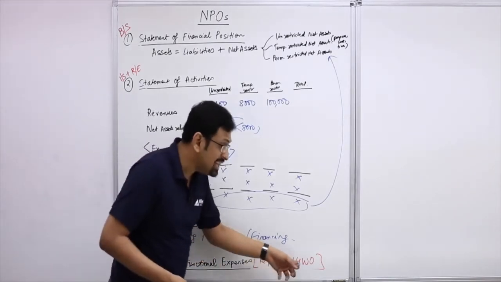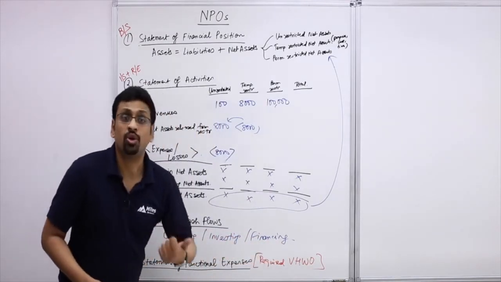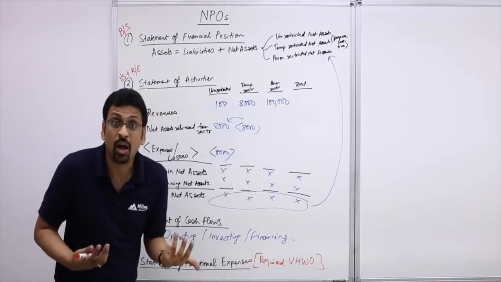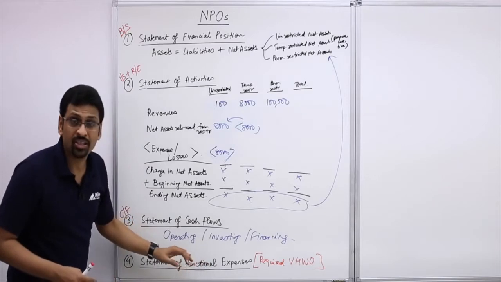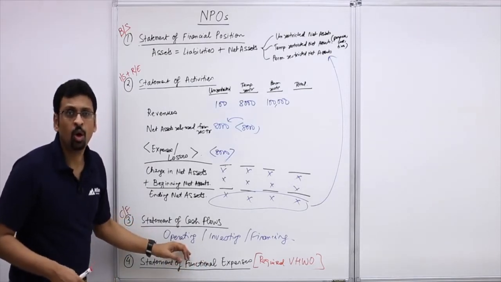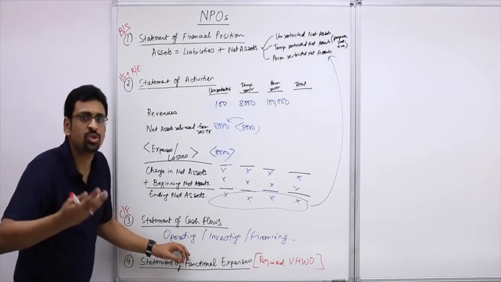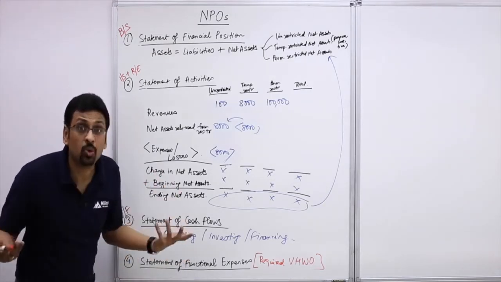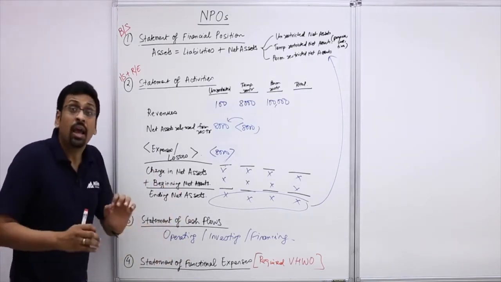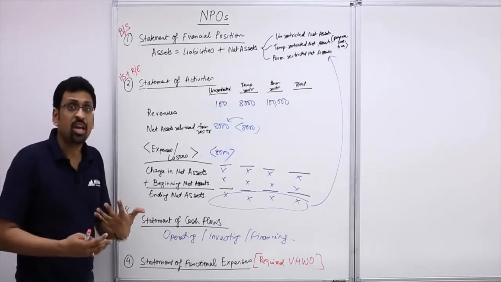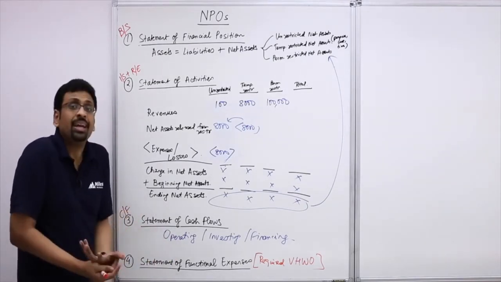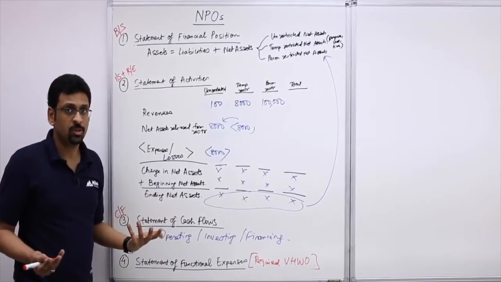So for voluntary health and welfare organizations like Red Cross, Greenpeace, United Way, Salvation Army, it's required as a primary financial statement. For other not-for-profit organizations, let's say educational institutions, healthcare organizations, labor unions, museums, this is not required as a primary financial statement, but you may present it in the notes to the financials.